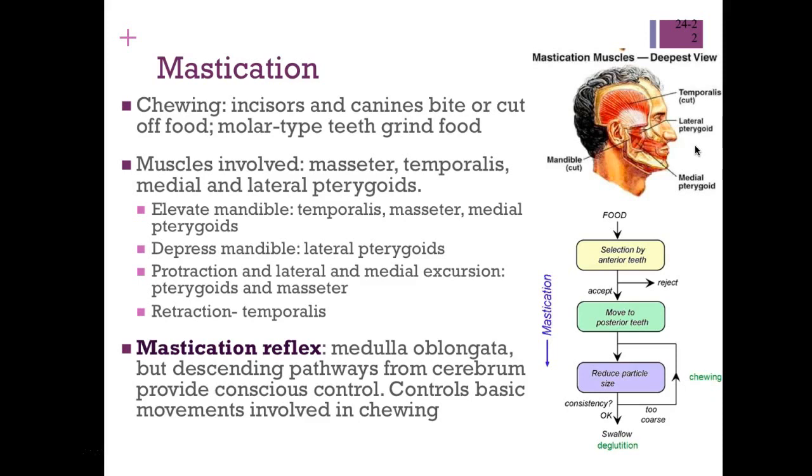So we also have this mastication reflex that takes place. Our medulla oblongata has descending pathways from the cerebrum that are going to give us conscious control, and it's controlling our basic movements involving chewing.